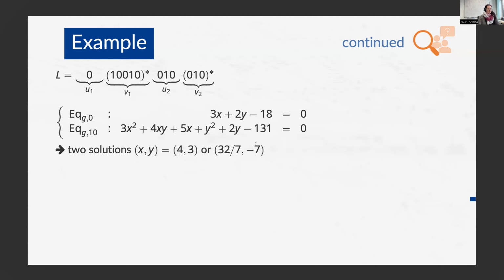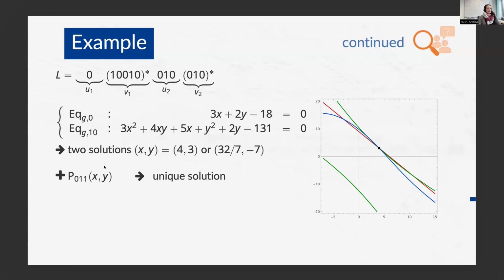And also we do not consider negative answers because there's no definition of going a loop negative times. We add the large polynomial, which I just showed you, and then we obtain a unique solution. And how does this look? It looks like this if you plot it. And this is the intersection of all of those polynomial equations, which has a unique point here. So our solution, we can just read it from this, is 4, 3, or we can also just look here. So we get back this guess word by just plugging in again x and y. Okay.